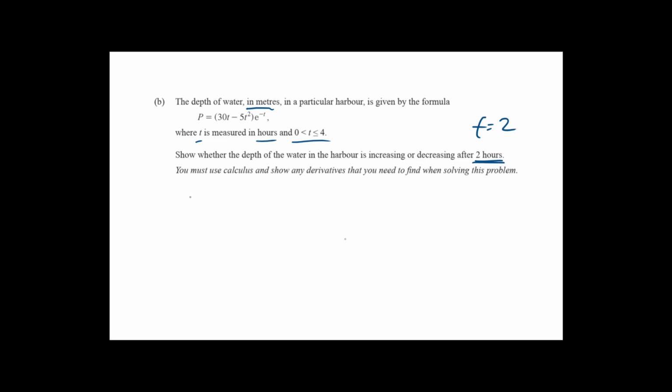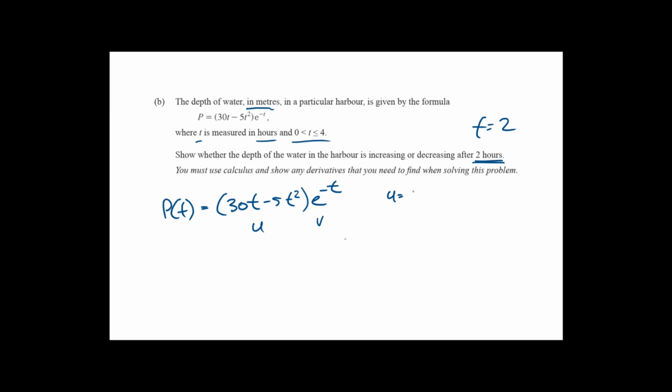Let's differentiate this and let's use the product rule. So P is a function of time. You can rewrite it here. Okay, so I'm going to let that be u and that be v.